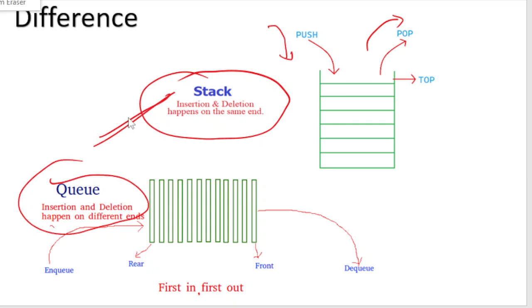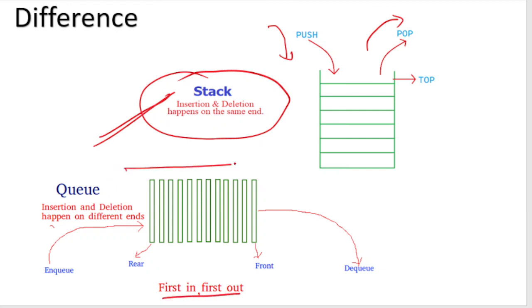If we see here, we are enqueuing, and this is the rear portion. This is the front portion, and dequeuing means we are deleting the element. It is first in first out. If we move like that, this element came first and this was last, so whichever comes first will go out first.